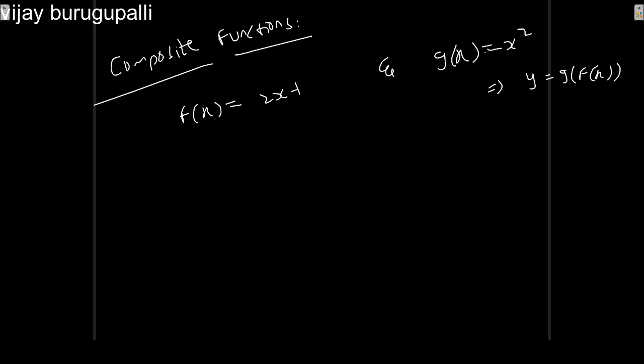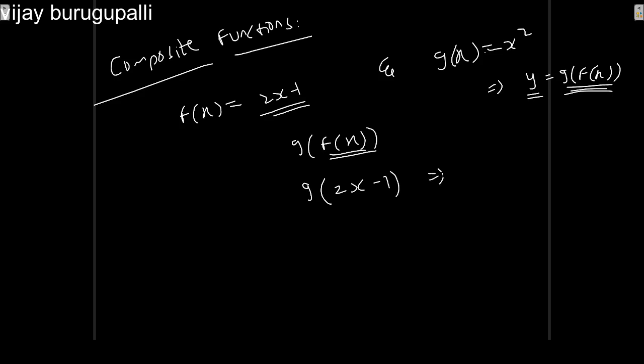That means the value of y is obtained by solving this g of f of x. Now let's see what is g of f of x. In order to solve g of f of x, you have to replace f of x with 2x minus 1.